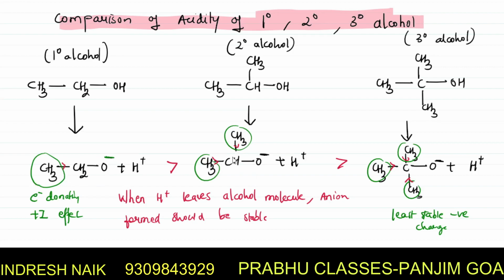But here, if you compare between the anions, this is the most unstable: already negative, and these are making it more and more negative. Here it is fine, just two, and here it is one. So the most stable is this. So among these, who will give its hydrogen very easily? It is the primary alcohol, right?